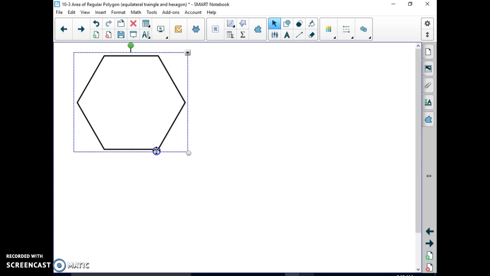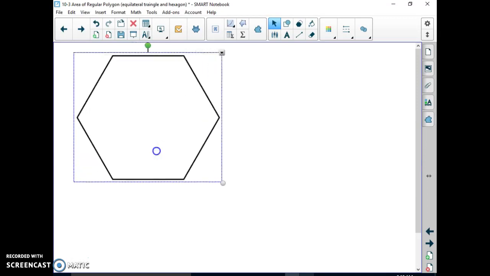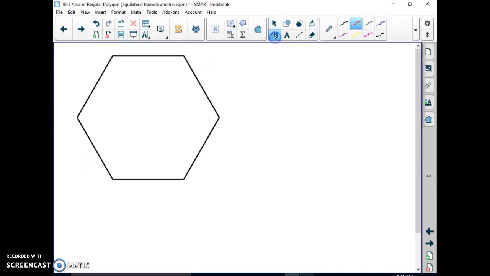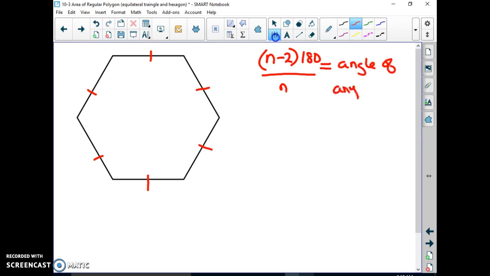The first thing that we need to know in this regular hexagon is what all of the angles measure. This one you might have memorized, but if you remember a while back, we had the formula n minus 2 times 180 divided by n. And this will allow us to find the angle of any regular polygon.